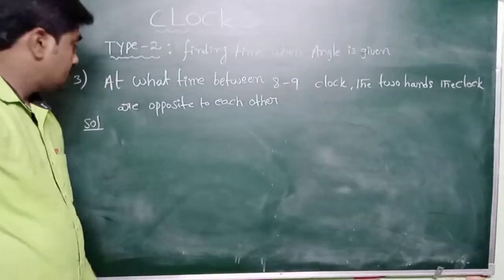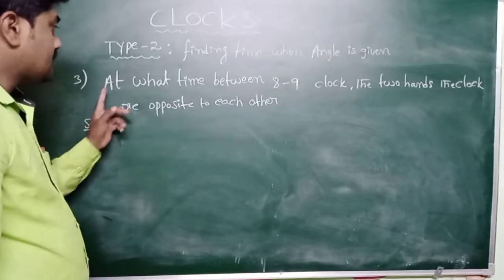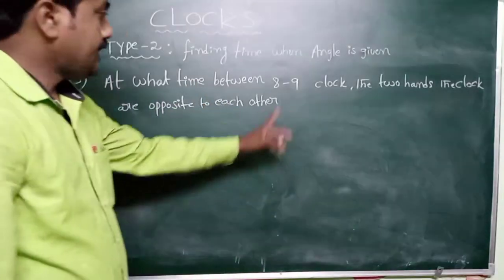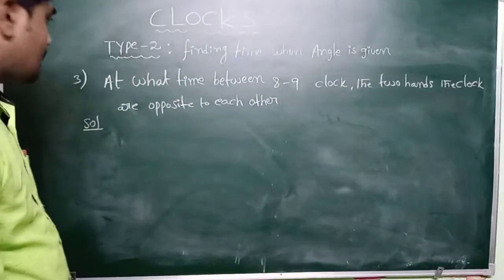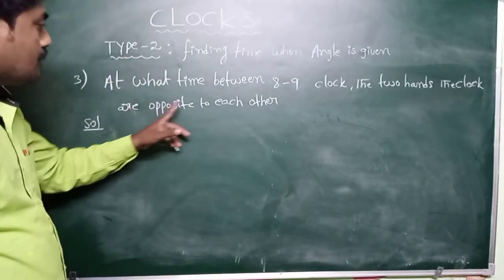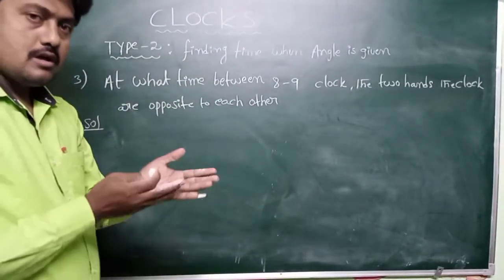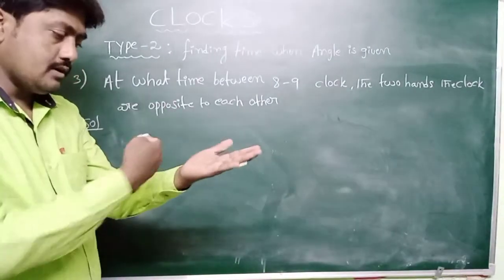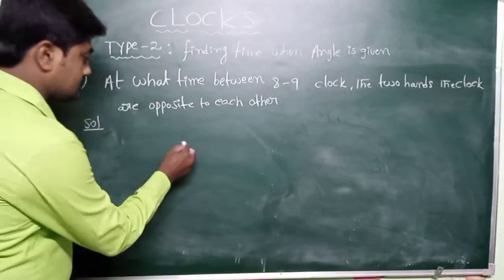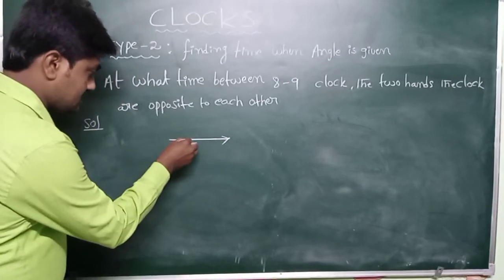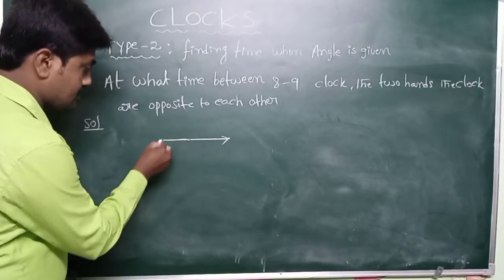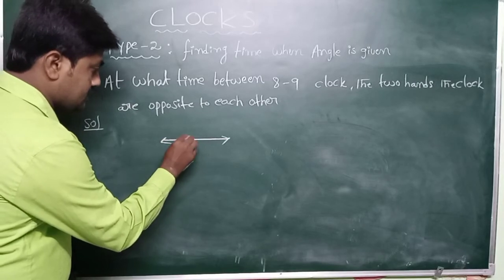Now, third problem, students. At what time between 8 and 9 o'clock are the two hands of the clock opposite to each other? The hour hand and minute hand are opposite to each other, like this, with the center point between them.